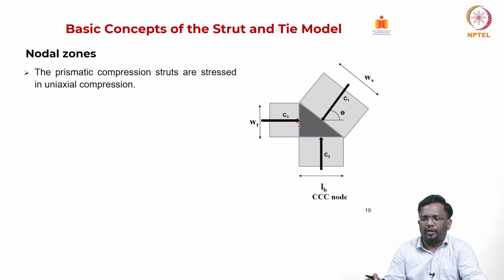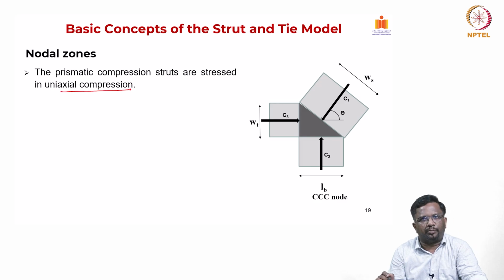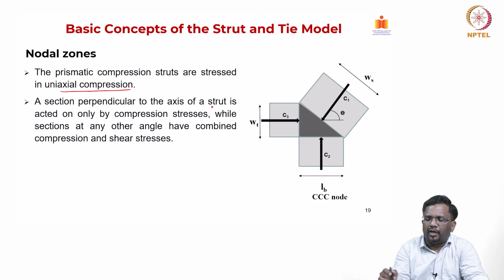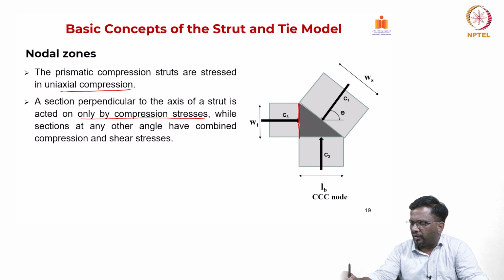Now, prismatic compression struts are stressed in uniaxial compression, as we have explained. A section that is perpendicular to the axis of a strut is acted on only by compression stresses. That means at this section you will have only compression. Here, perpendicular to this, you will have only compression; here, perpendicular to that, only compression.